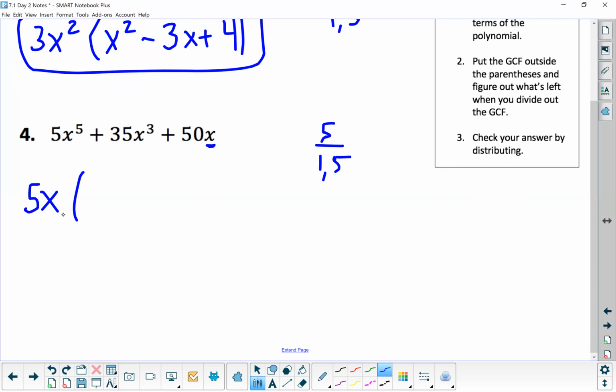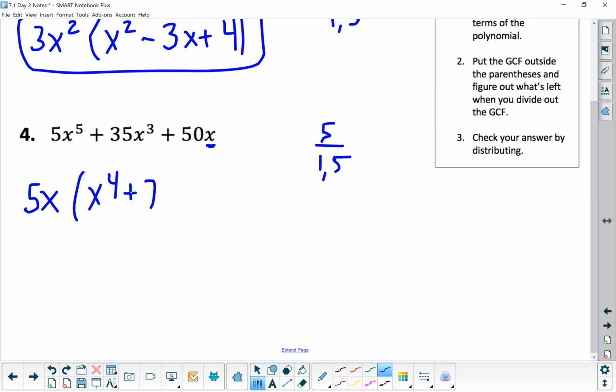5 divided by 5, 1. I had x to the 5th, and I factored out an x, leaves me with x to the 4th. 35 divided by 5, 7.